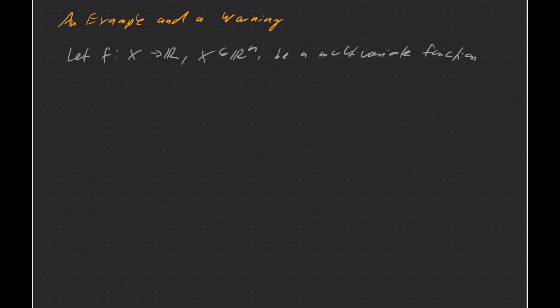What we can then do is we can define something like sections of that function in a certain direction. Let me make a quick sketch to illustrate what I mean here.